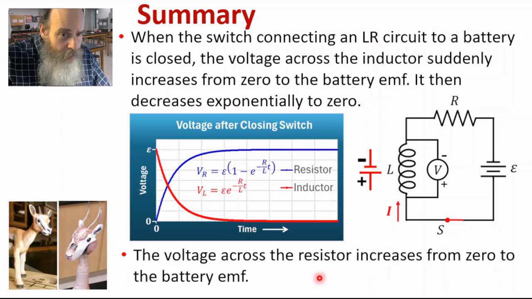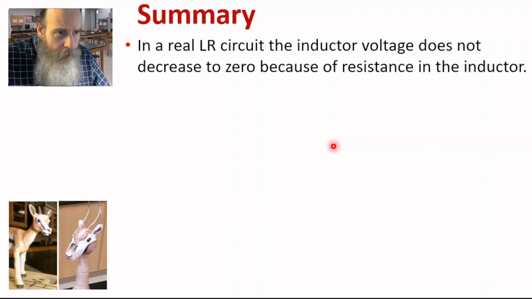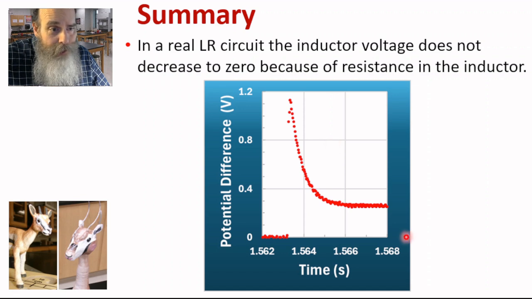Voltage across the resistor starts at 0 and then ends up at the battery EMF. In a real LR circuit, the inductor voltage does not decrease to 0 because of resistance in the inductor. So we close the switch, we got the voltage spike, then it decreased but didn't get to 0. It got to 0.26 volts because of the resistance of the inductor.